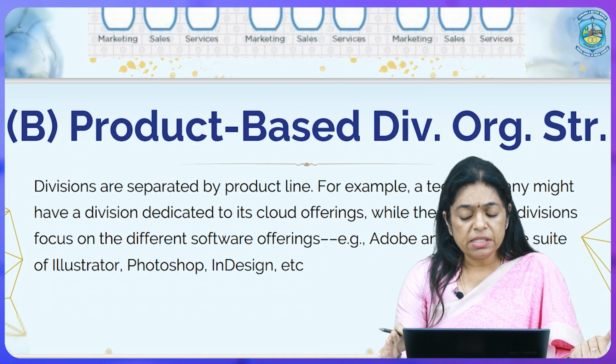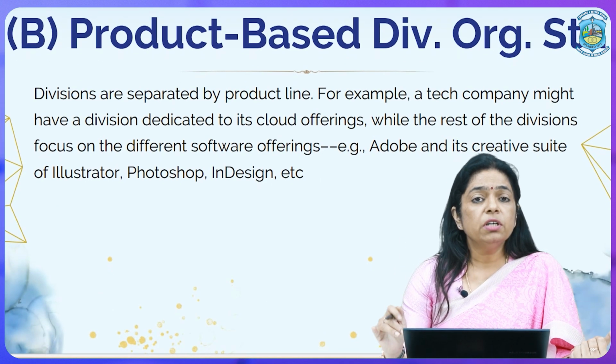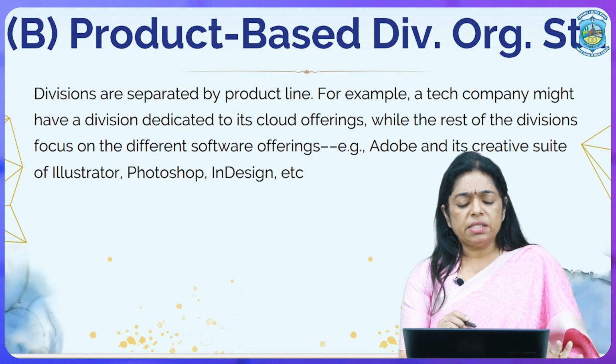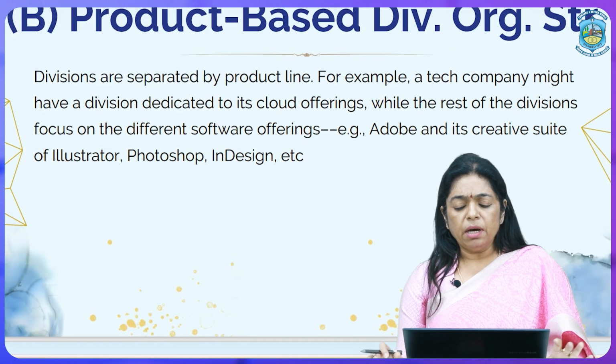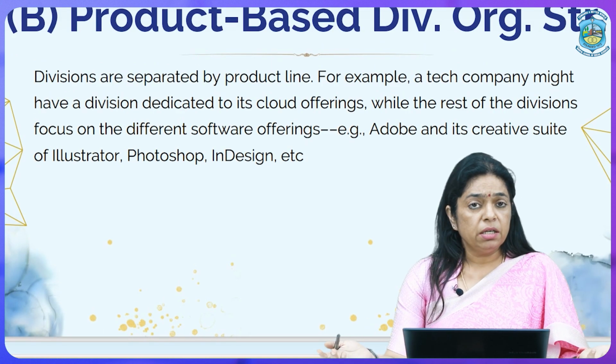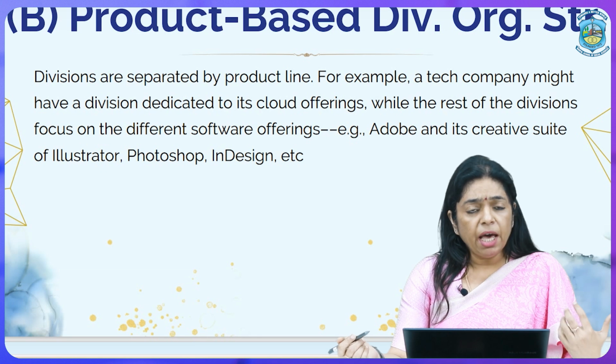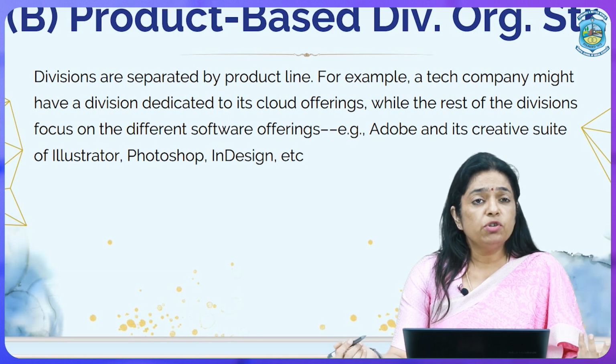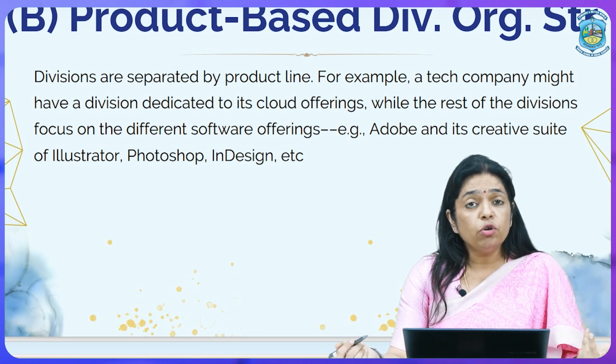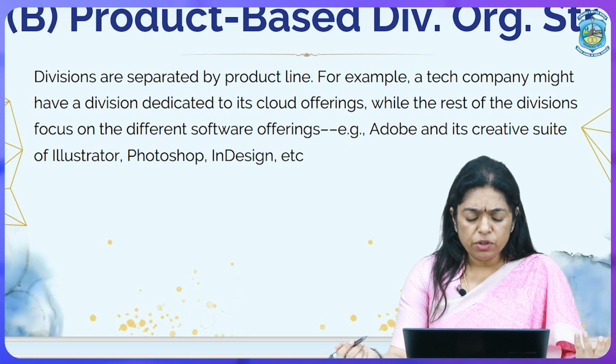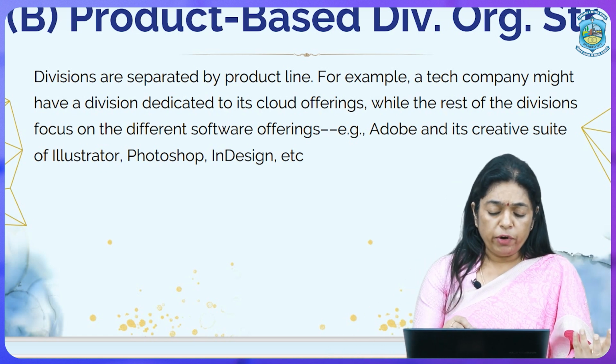Second is the product-based divisional organization structure. Here the divisions are separated by product. For example, there may be a technology company which has divisions dedicated to cloud offerings, while the rest of the divisions can focus on software offerings.